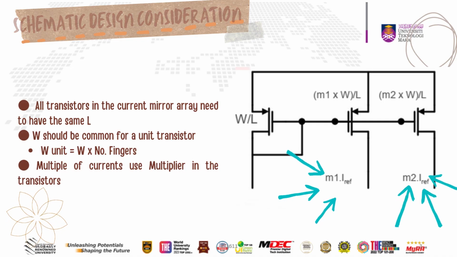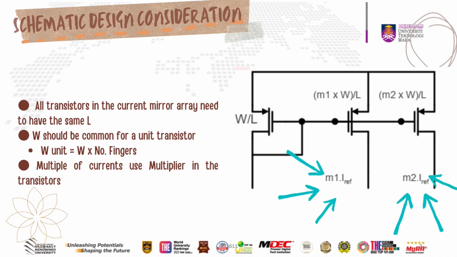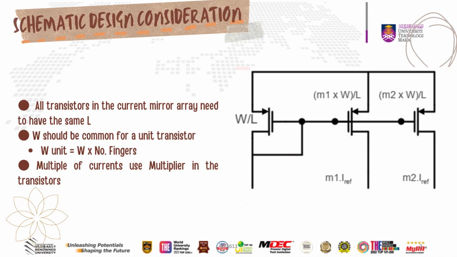So this type of current mirror is commonly used in analog circuits such as operational amplifiers, where precise current matching and scaling are essential for proper circuit operation and performance. The design considerations highlighted in the image ensure that the current mirror array can accurately replicate and distribute the input current to the desired output nodes, which is a critical aspect of many analog circuit designs.